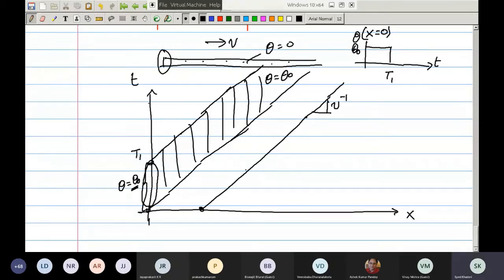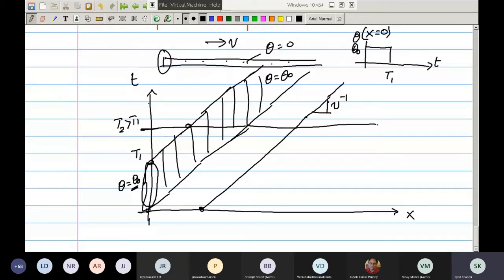Now if I ask what the temperature profile is at any given time, let us say at time t equal to T2, which is greater than T1, the temperature profile will be 0 until I hit this particular point, and then the temperature will be theta naught, and then again 0.